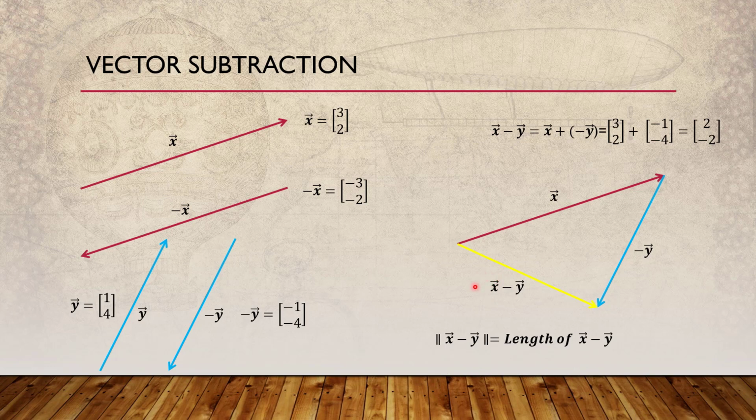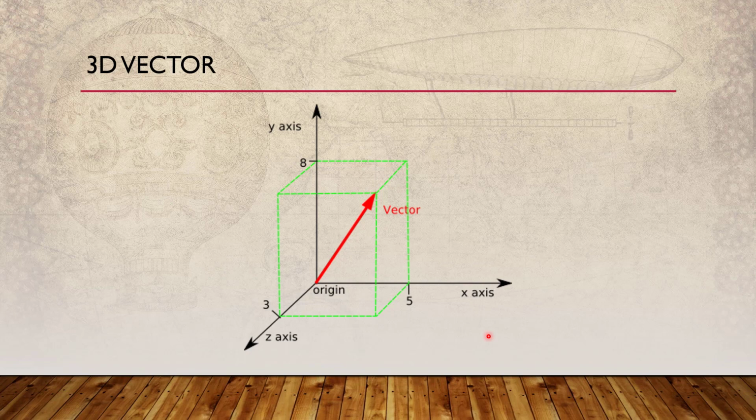And if I want to take the length of this particular vector, I will apply the Pythagoras theorem, a similar concept, to get the length of the vector, and I express it with this double bar over here. Now if I want to visualize it in a 3D vector, because beyond 3D it is very difficult to visualize any vector geometrically.